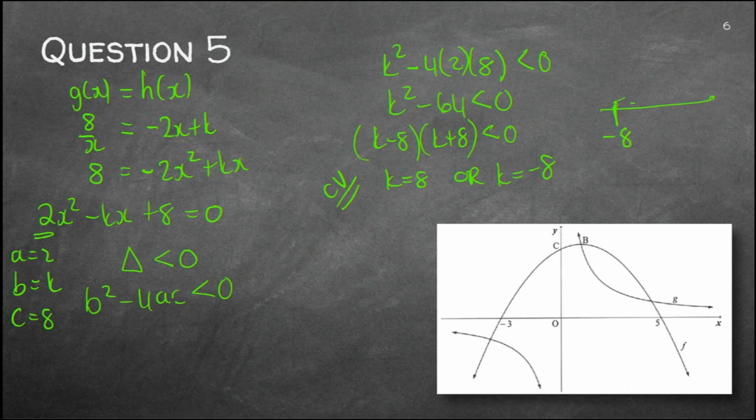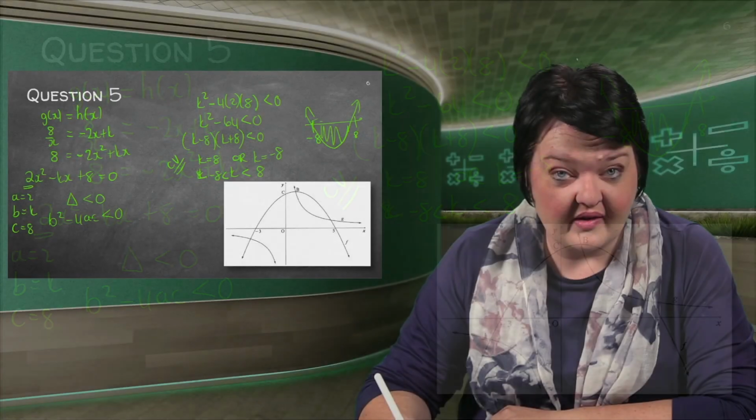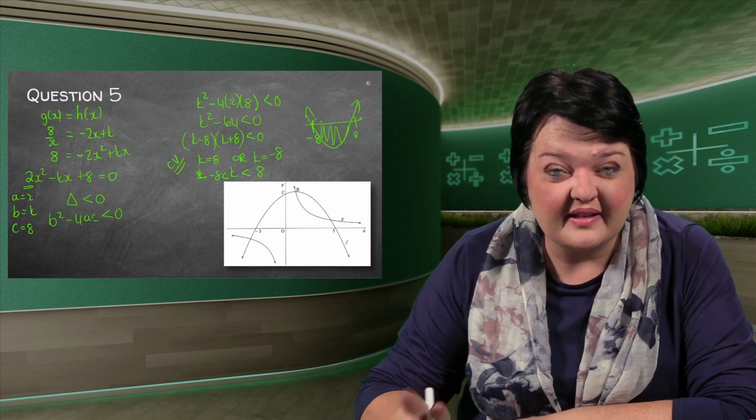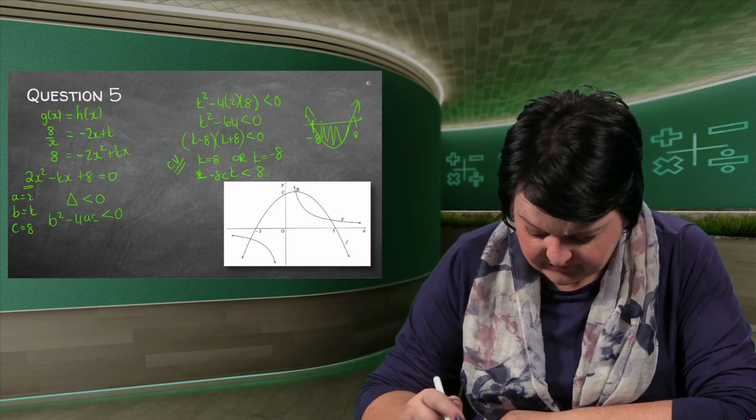So it's -8 and 8. If it's smaller than 0, then it would lie in between. So my final answer would simply be k lies between -8 and 8. And that is the answer. It only has to be smaller than 0 for non-real roots.